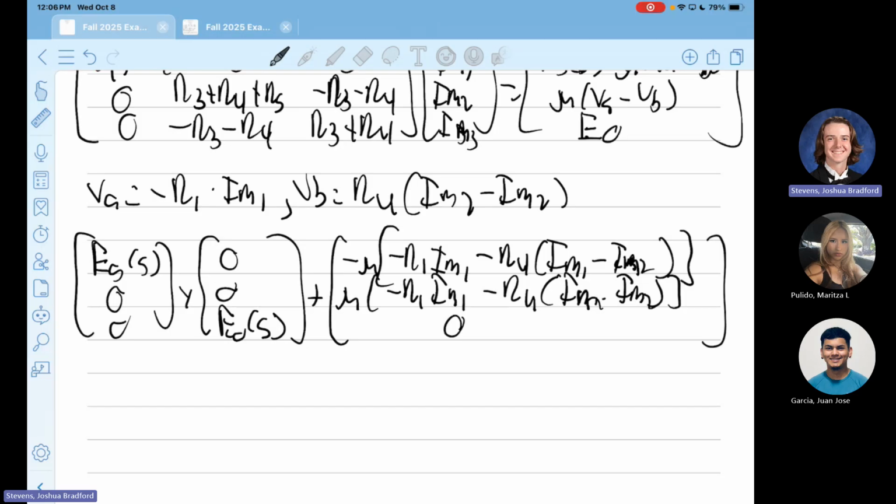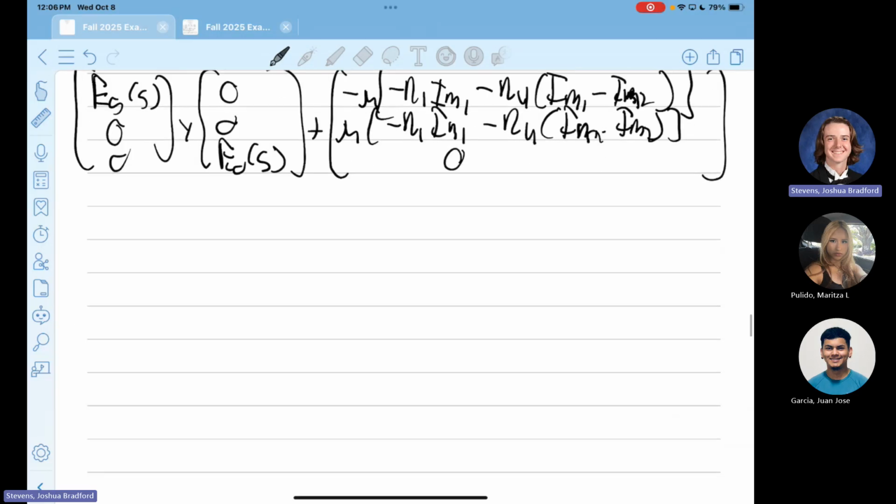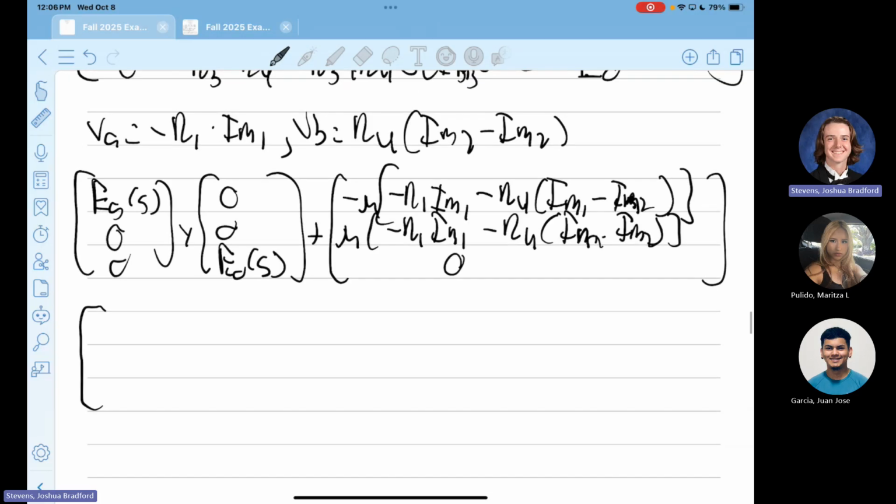All right. So now I'm going to separate those, I'm going to take out the IM1s and everything like that. So if I have a negative times a negative, that becomes positive. Mu R1, negative times a negative is a positive. Mu R4, negative times a negative gives me a negative.